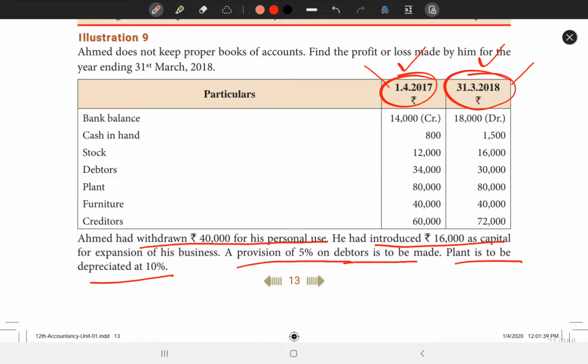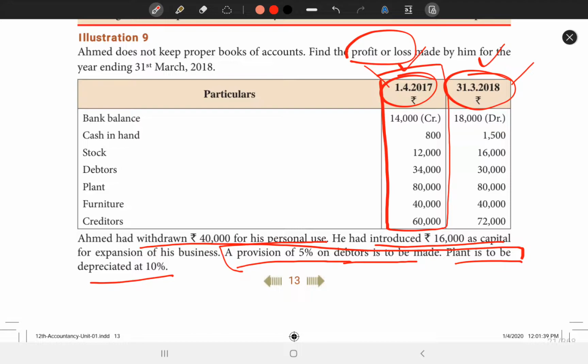So what we have to do is, in such an easy way, find profit or loss. So first let's do one thing, let's find out the statement of affairs for the opening period. Okay, so here these lines are given, right? A provision of 5% on debtors to be made and depreciation is to be made on plant.